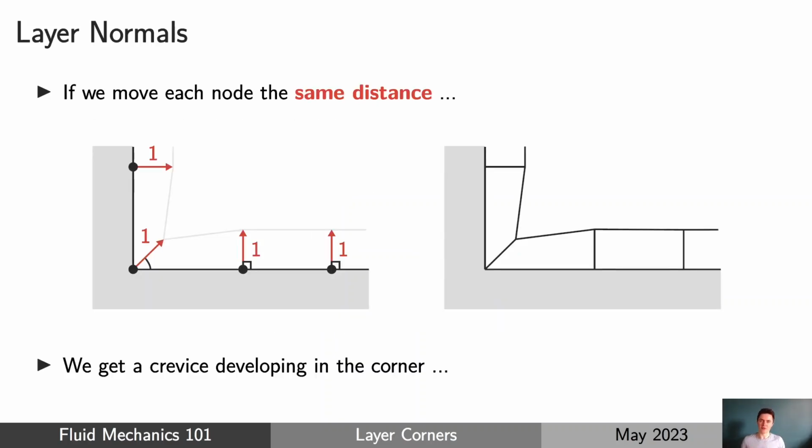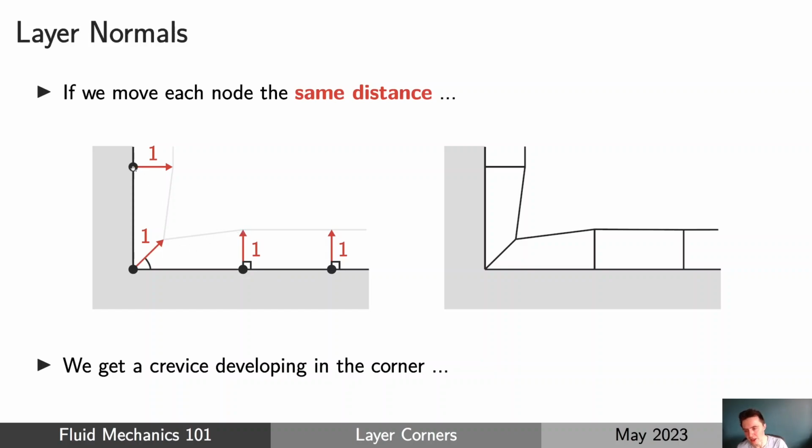Now, the obvious way of approaching this would be to take the distance that we've just calculated from the parameters that you give the meshing software. So in this example, let's say we chose a first cell height of 1 millimeter. Well, we could use that information and specify each node we're going to move it a distance of 1 millimeter.